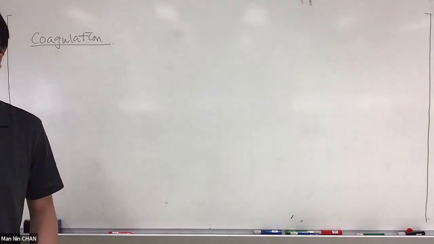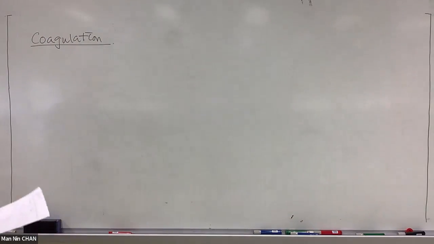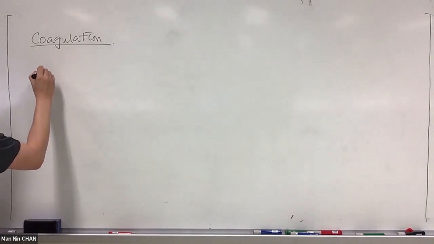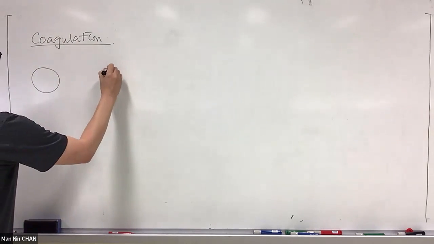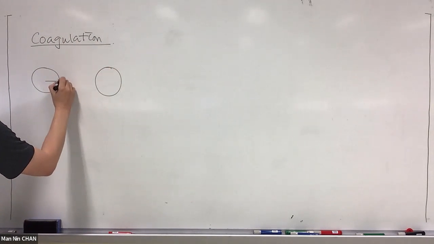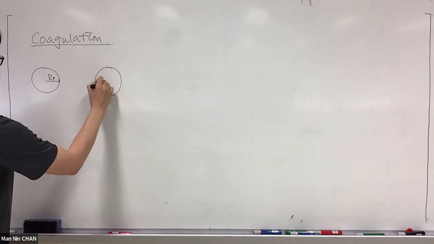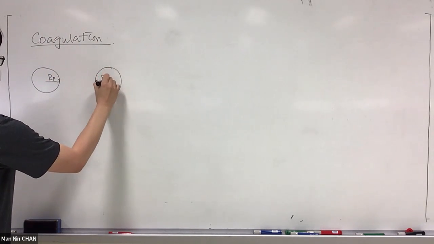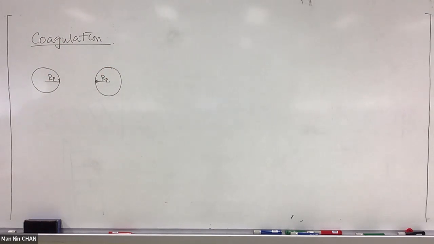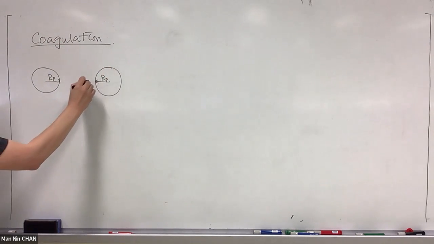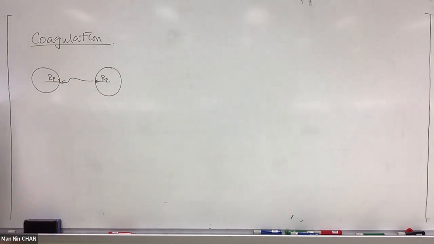Like I mentioned, coagulation means that you have two particles, and then they can come to each other. For example, you can assume one is stationary and the other one moves towards this stationary particle.